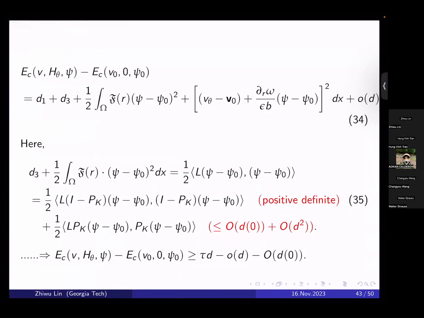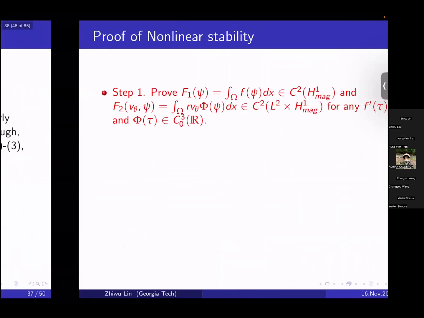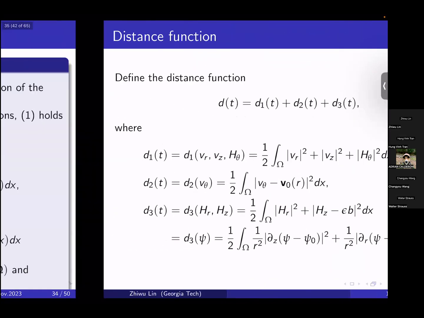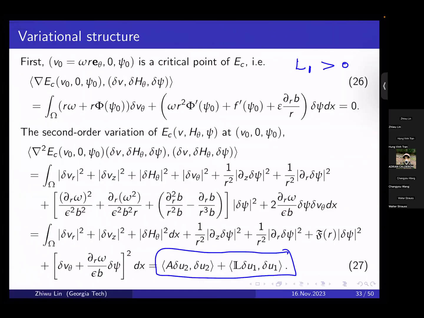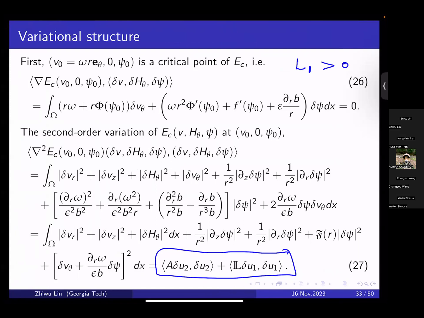Then when we estimate this quadratic form from the second order variation of the energy Casimir functional, we can separate the perturbation into the negative and the zero directions associated with the zero modes.